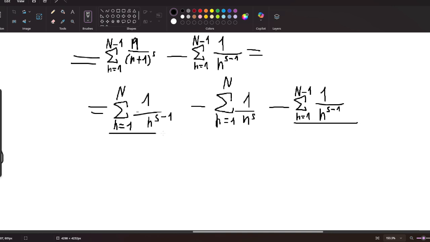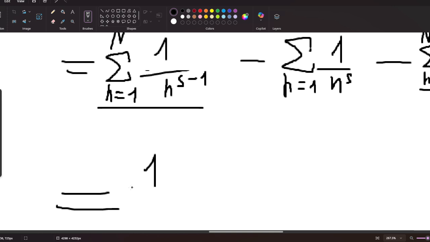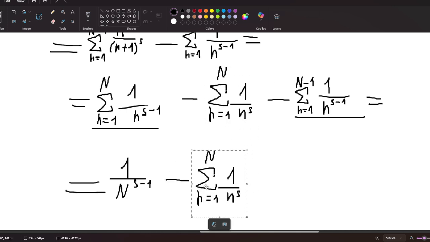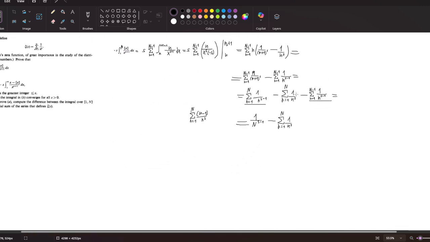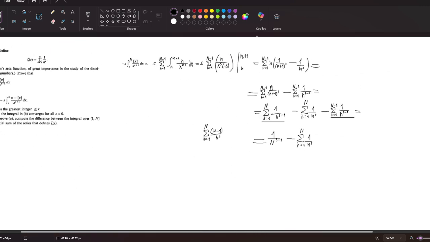So, finding the difference of this sum, it's going to be the n term, so 1 over n to the power of s minus 1, minus this sum, and we evaluated this integral, but it seems fishy.